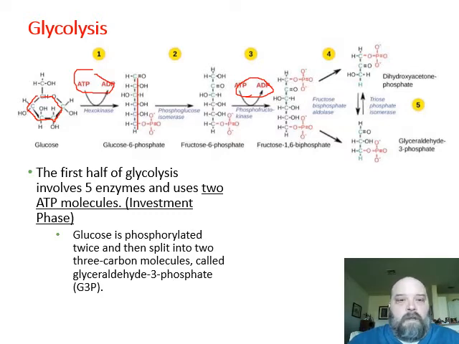Glucose will have that first phosphate group added to it. First one right there, boom. Gives you glucose 6-phosphate, okay? Even down here in biology, the naming criteria you learned in chemistry still holds true. That's the 6 carbon.